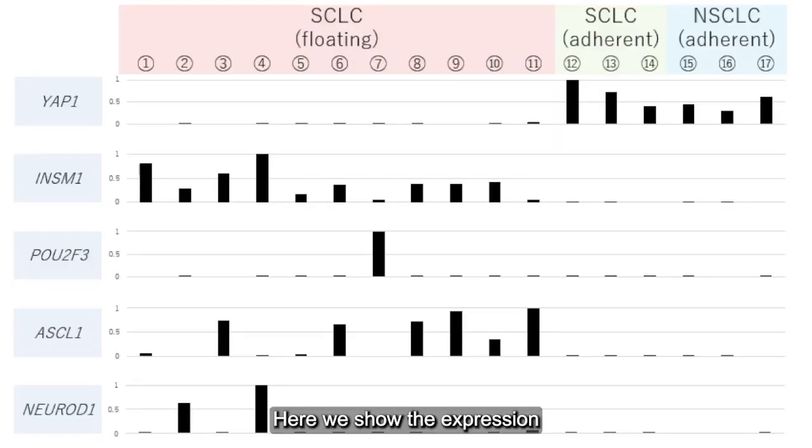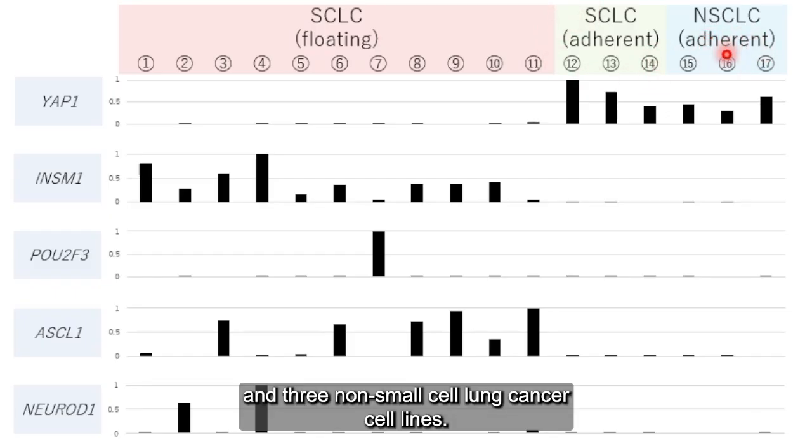Here we show the expression of the 4 molecules and INSM1, the neuroendocrine marker. INSM1 is shown in 11 floating type SCLC cell lines, 3 adherent cell lines, and 3 non-small cell lung cancer cell lines.